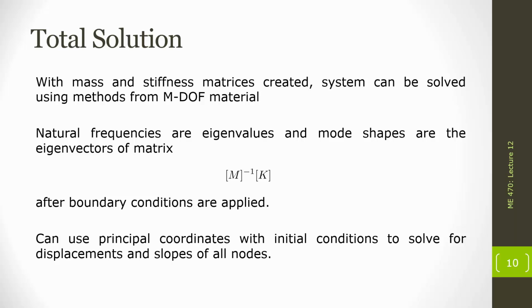Analytically, we stopped with just looking at the natural frequencies, and it gets much more complicated in order to find the behavior of the system. However, with finite element analysis and principal coordinate analysis, turning it into a multi-degree of freedom system, we're going to be able to actually solve for these displacements over time based on initial conditions and free vibrations.